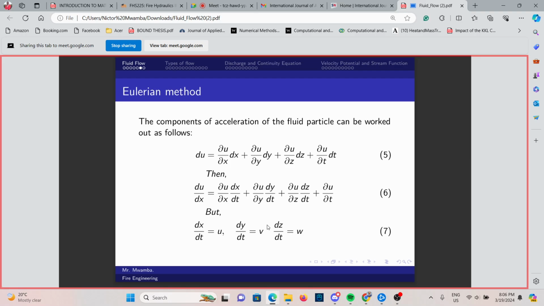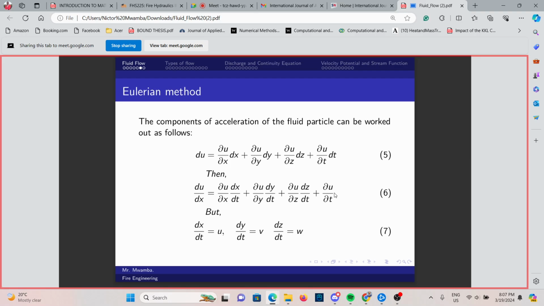Take note: the dx in the last term is wrong. It's supposed to be dt, because we're dividing this equation throughout by dt. When you divide that term by dt, the dt goes, because dt over dt is 1.